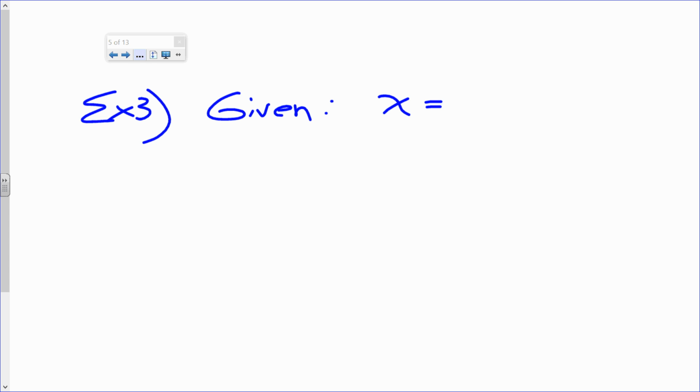We did 2, so here's example 3. My bad. Here's example 3. Given, ready? X equals 3, prove 3 is equal to x.